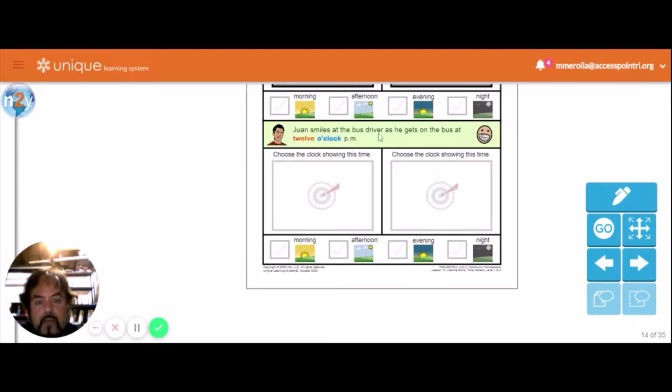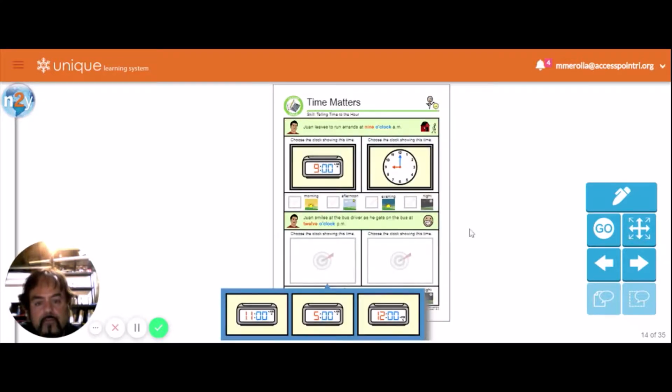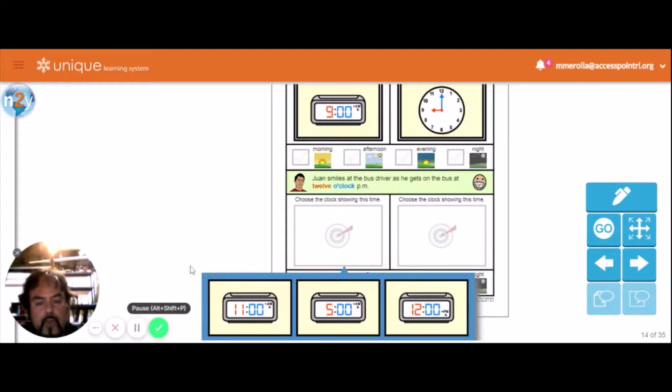Juan smiles at the bus driver as he gets on the bus at 12 o'clock p.m. Okay, choose the digital clock showing 12 o'clock p.m. Alright, which time shows 12 o'clock p.m.? Is it this one?